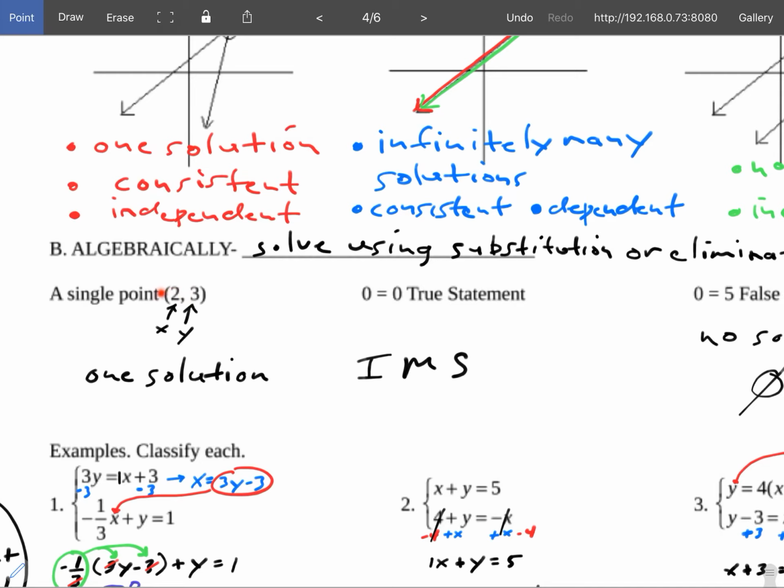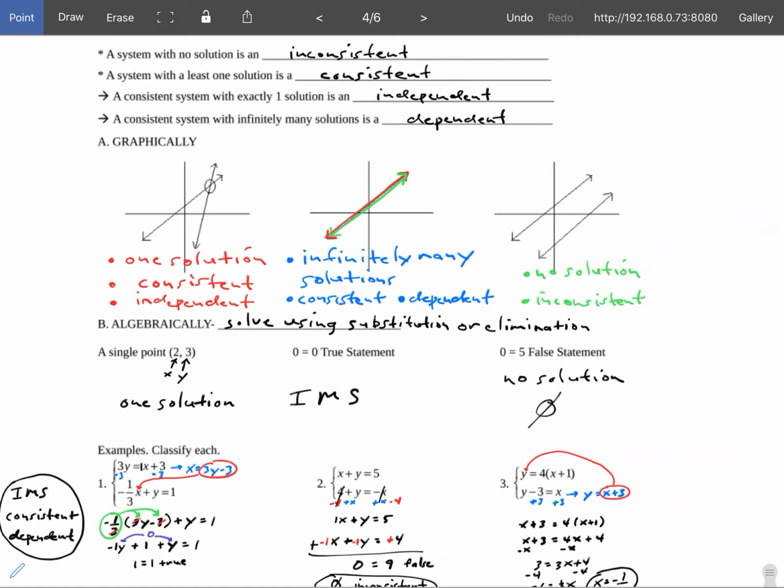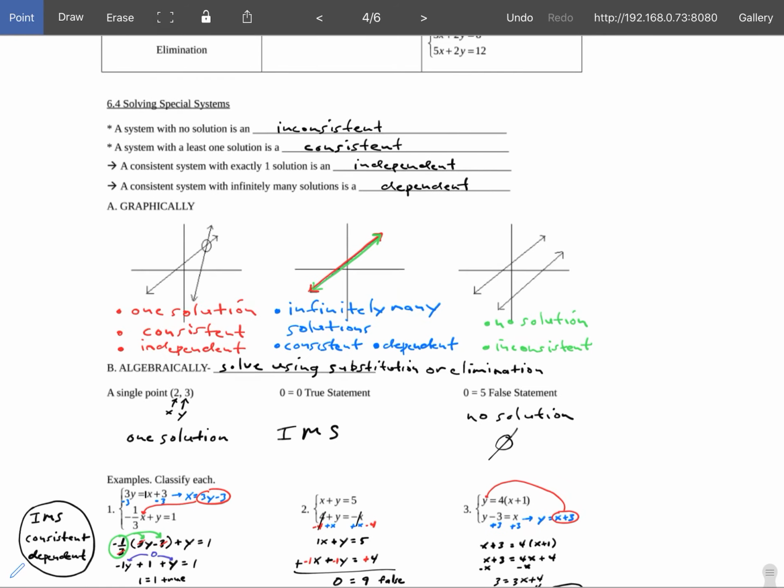We got an x coordinate for the point where the two lines cross each other. So we know right now there's one solution, and that it's consistent and it's independent. And the graph would look like two lines that hit at one point.